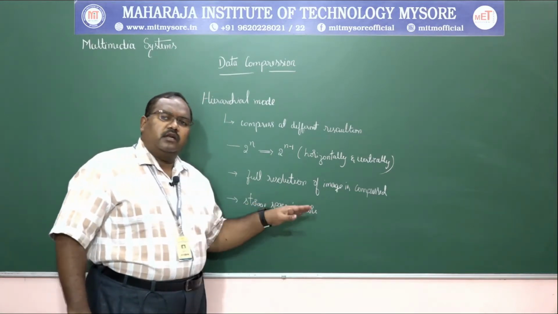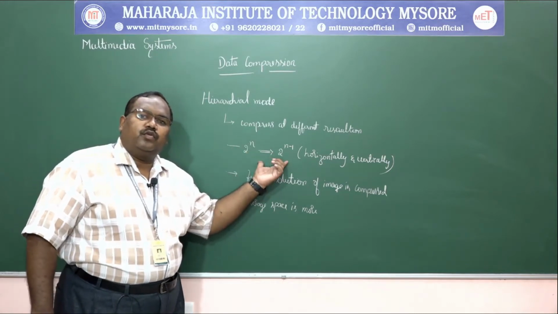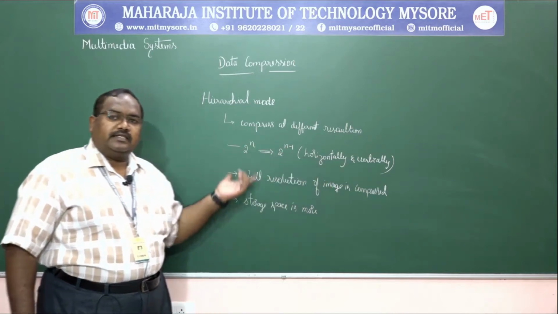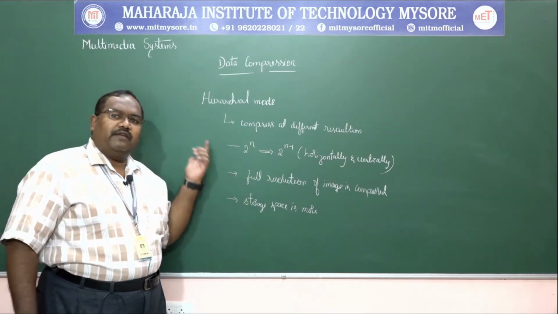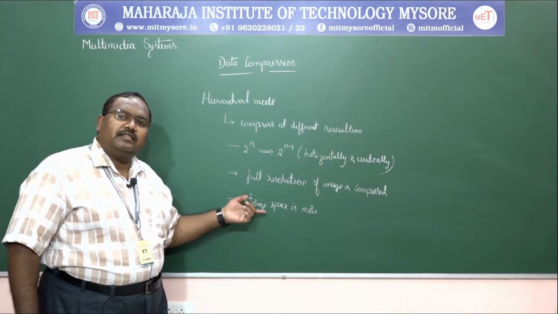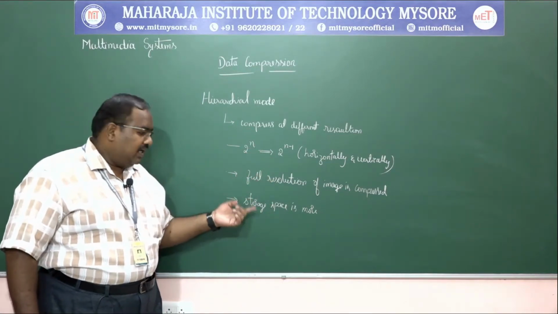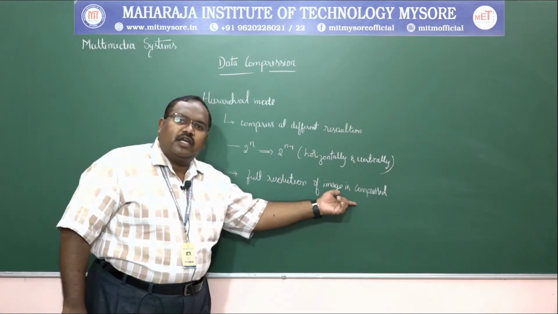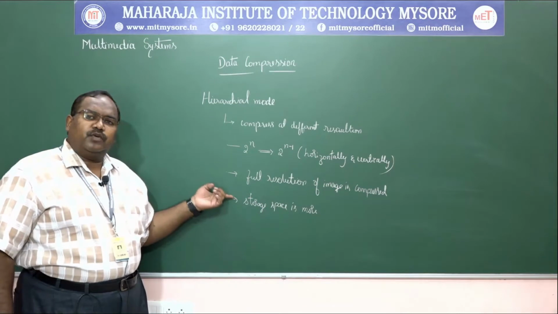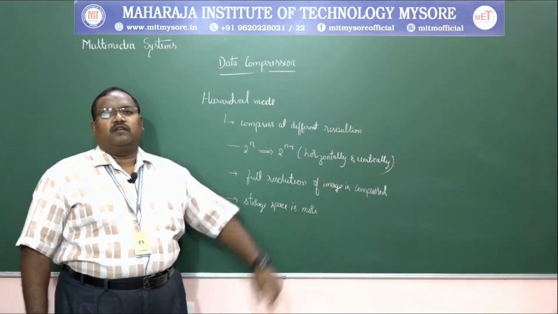Here we are taking the image as 2 to the power of n and reducing it by the 2 to the power of n minus 1 factor, both vertically and horizontally, and subtracting this from the previous image, and a new image is obtained, and that is subtracted with the 2 to the power of n minus 1, and this process goes on until the full resolution of the image is compressed. This is the key part, and because it is a lengthy task, it requires a huge amount of storage space.